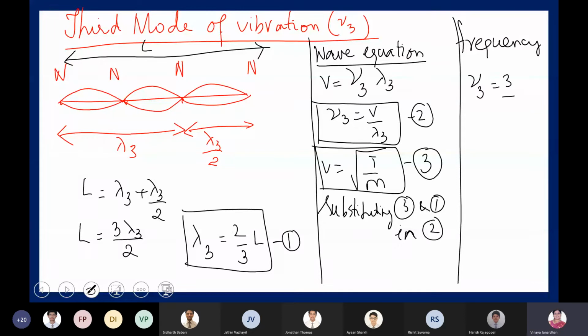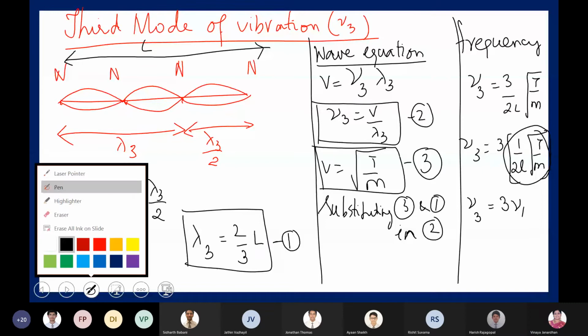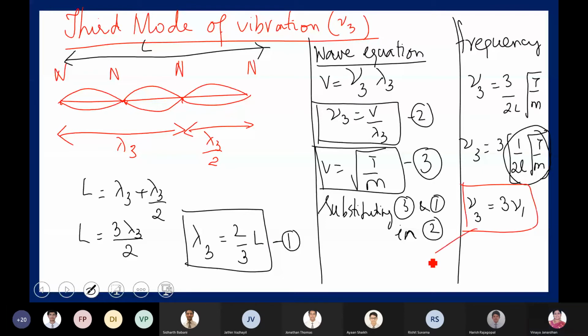Are you getting 3 by 2L root of T by M? Yes, ma'am. nu 3 is equal to 3 times 1 by 2L root of T by M. So nu 3 becomes 3 times nu 1. This is called the third harmonic. That's it, boys. You will get this as a 3-mark question also.